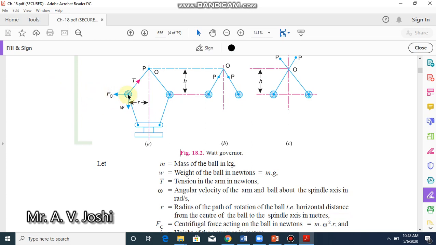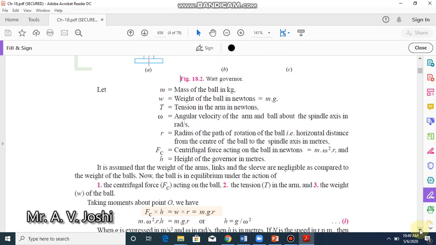W is the weight of the ball, and r is the radius of the ball from the spindle axis. T is the tension in the arm, m is the mass of the ball, omega is the angular velocity, r is the radius of the path, Fc is the centrifugal force, and h is the height of the governor in meters.